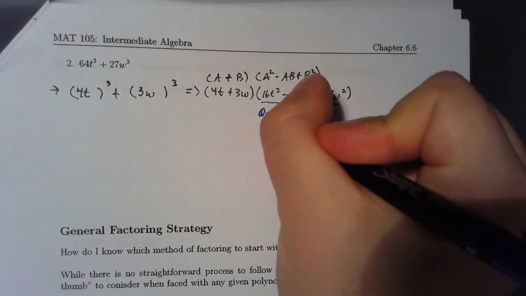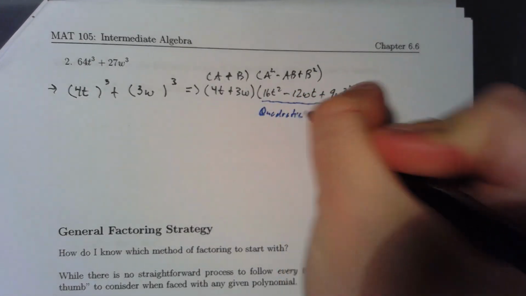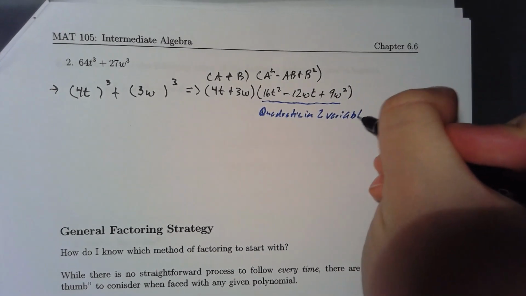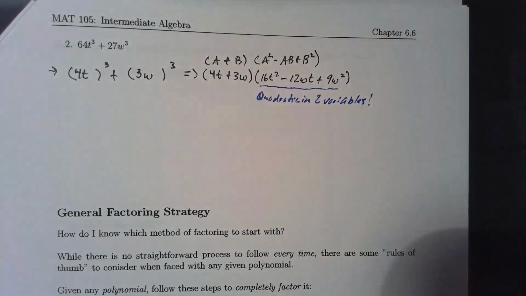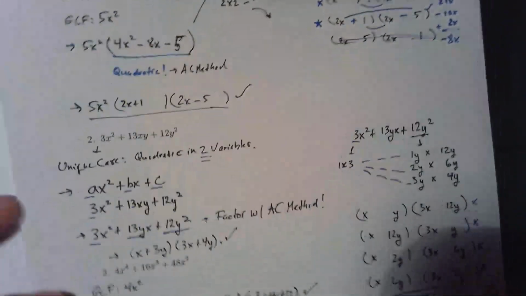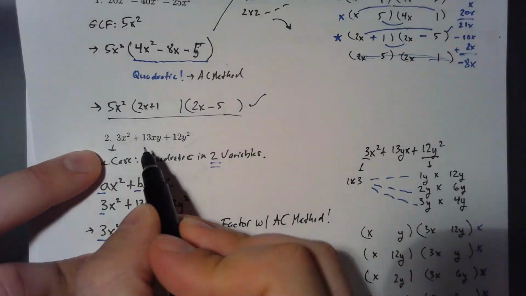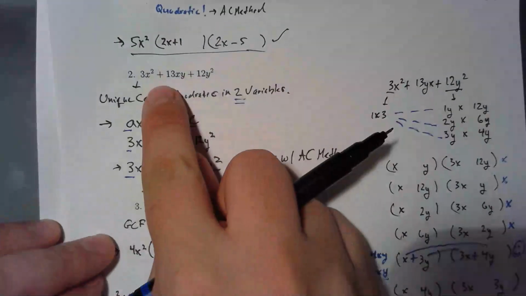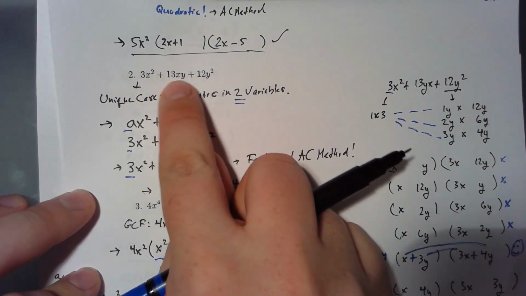That's a quadratic in 2 variables. Remember this example from the previous section? You see how they're kind of related a little bit? So this right here and this right here, they're quadratics in 2 variables.